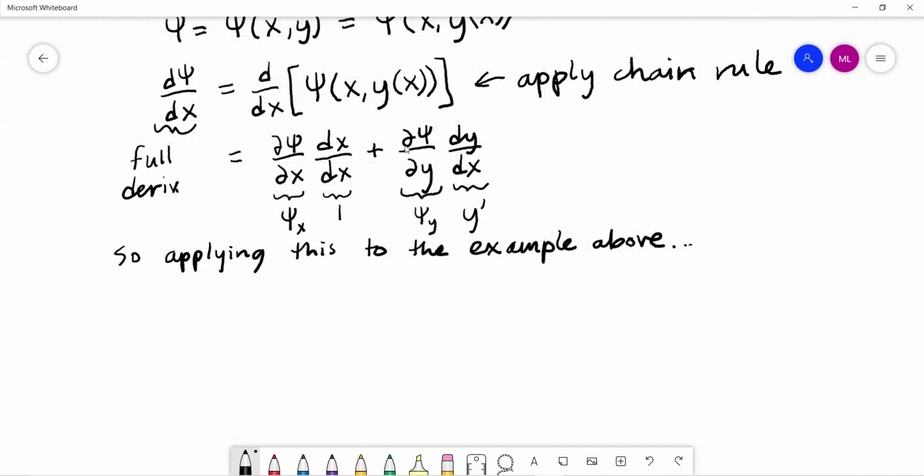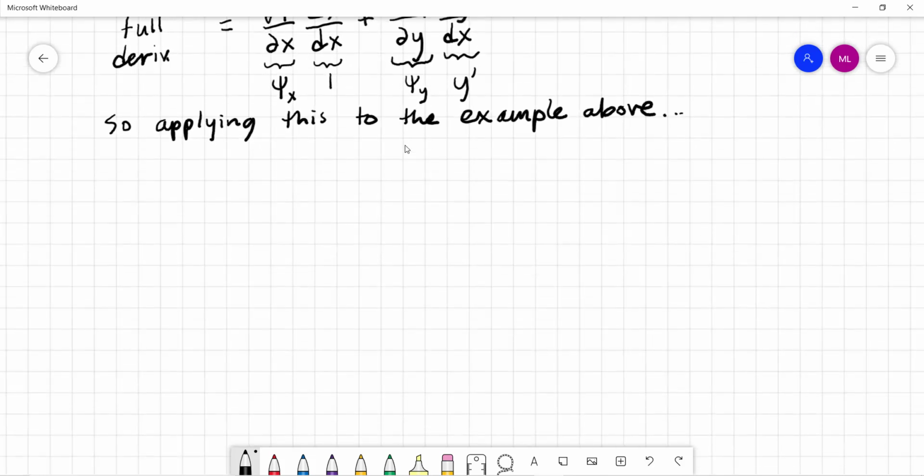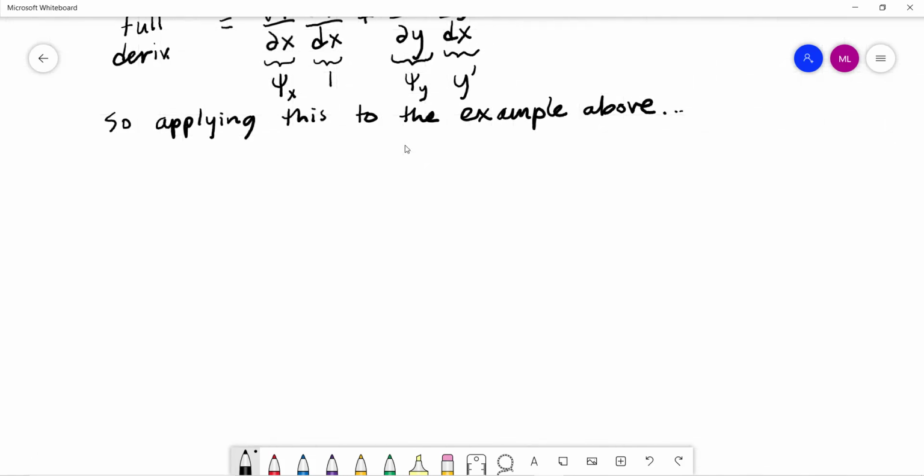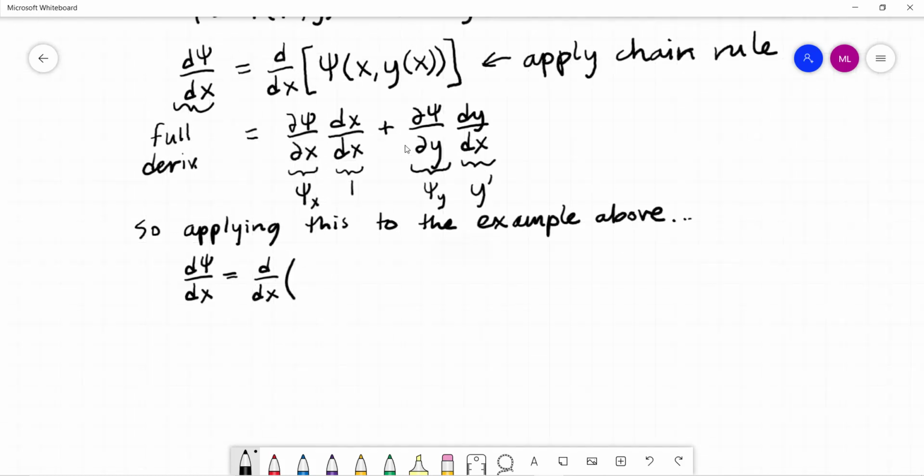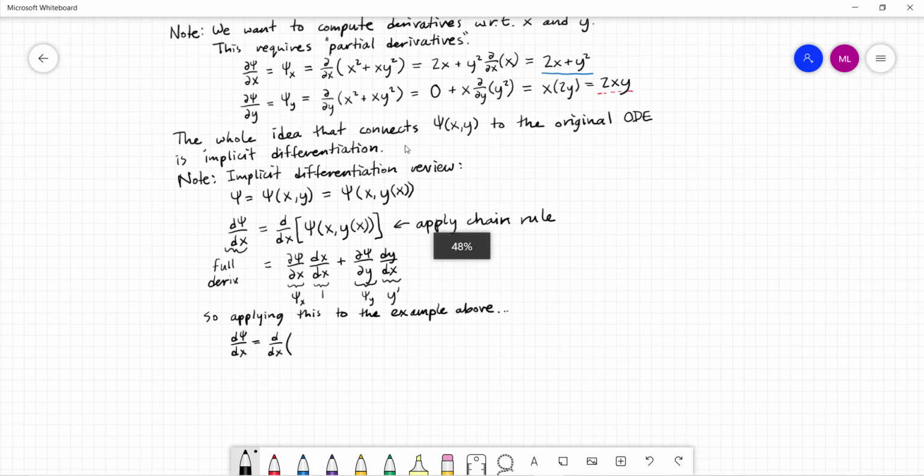You don't need to understand all the ins and outs because that's a topic for Calc 3. For now, we'll just focus on how we compute the derivative. So what does it look like to take the full derivative of our psi? d psi dx, so d dx of, to make it totally clear, what was the function we were using?